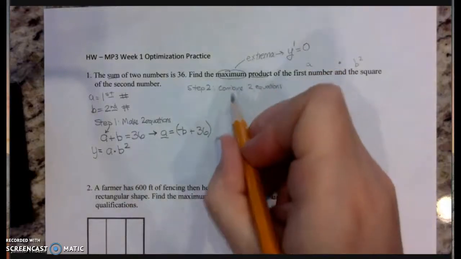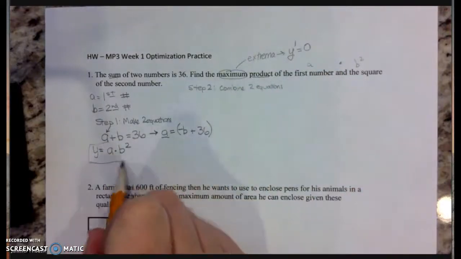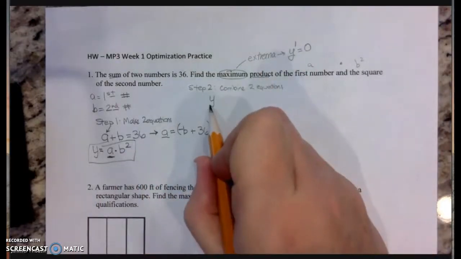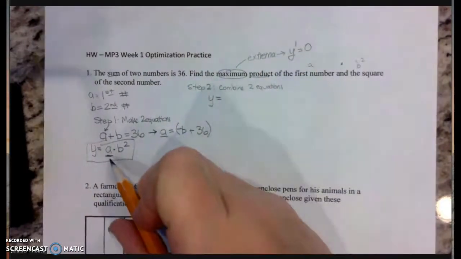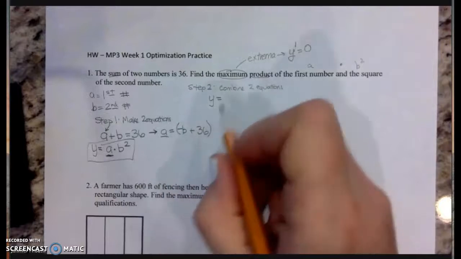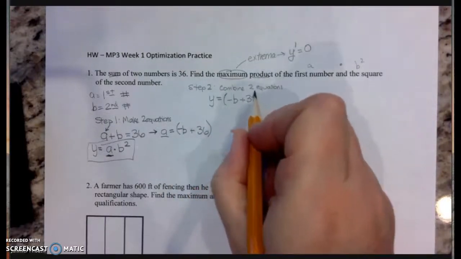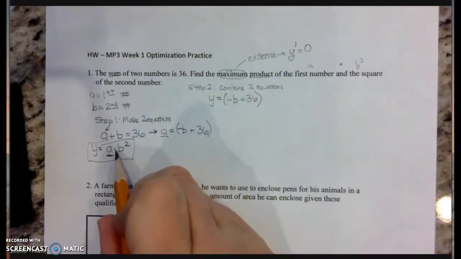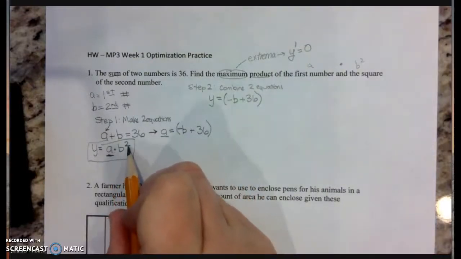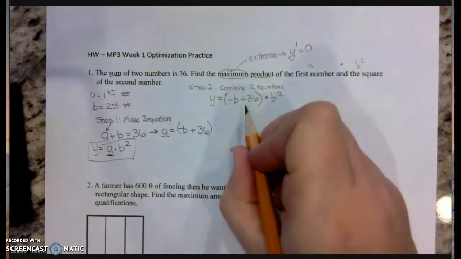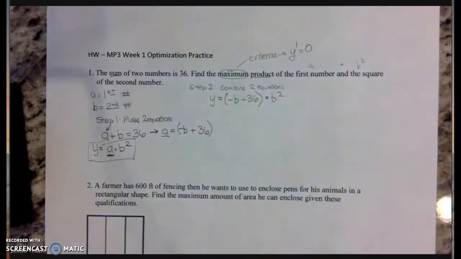So when I combine them, I'm going to take this guy here and I'm going to plug in for A. So I'm going to take Y equals, instead of A, I'm going to put this parenthesis, negative B plus 36, and then continue the path times B squared. So this is A, but I replaced it with B. So now I have one less variable than I had before.